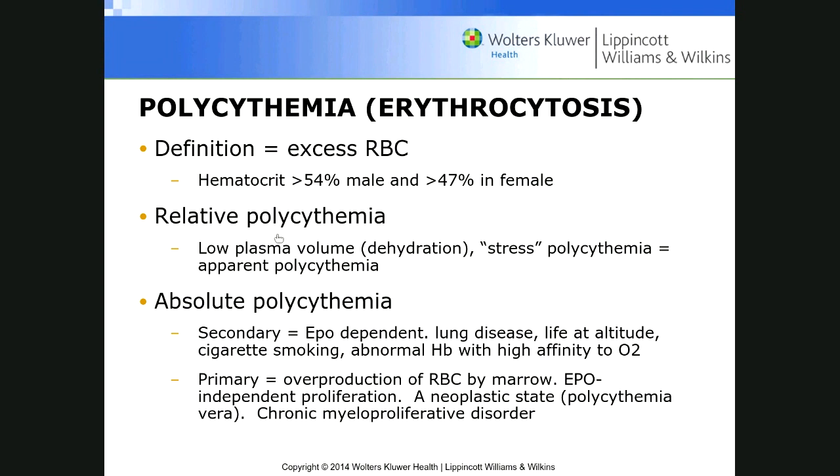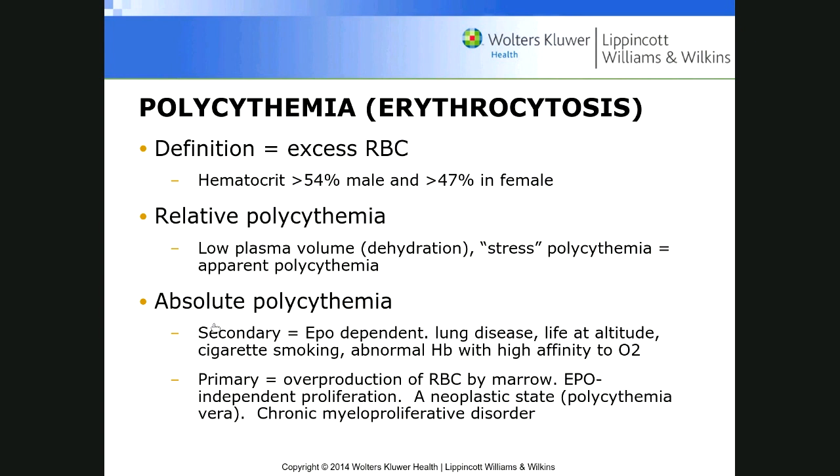Relative here just means that if someone is dehydrated, they're losing fluid. So obviously, relatively, the percentage of cells within that lesser volume of blood would be high, right? But we don't really count that. That's just relative.